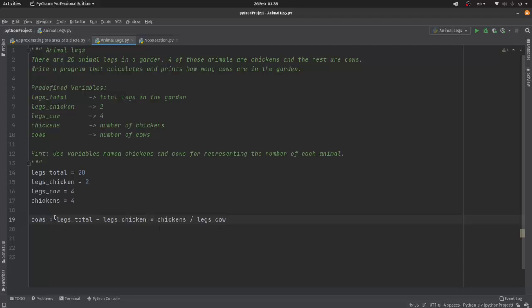So if you don't put any parentheses here, Python will first multiply and divide, and then subtract the value from the legs total, which is definitely not the thing we were looking for. So we put parentheses to prioritize this part of the calculation, and then divide by this value, which does what we want, to divide all the cow legs in the garden by the legs of each cow in the garden. So let's print the number of cows.